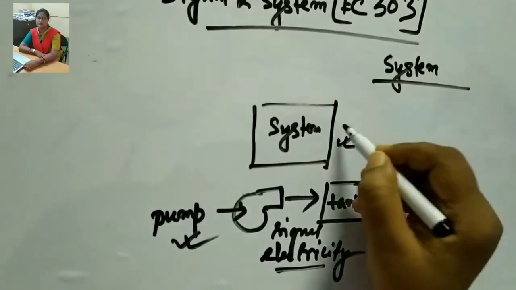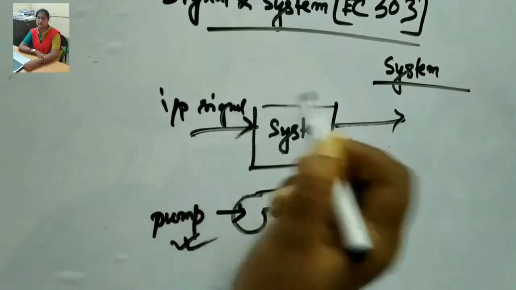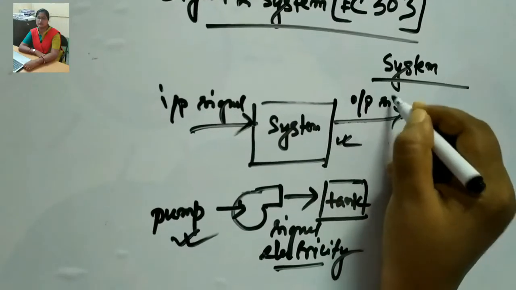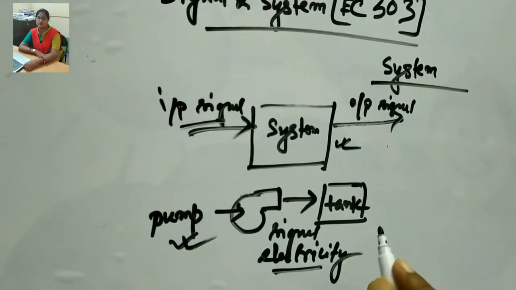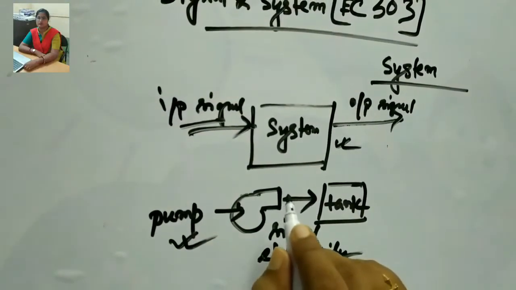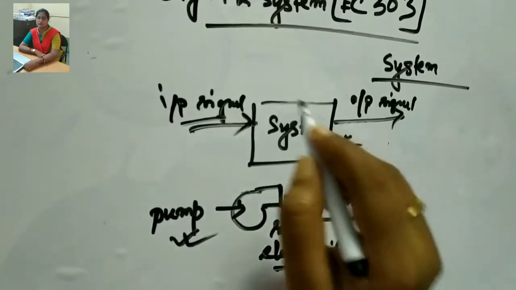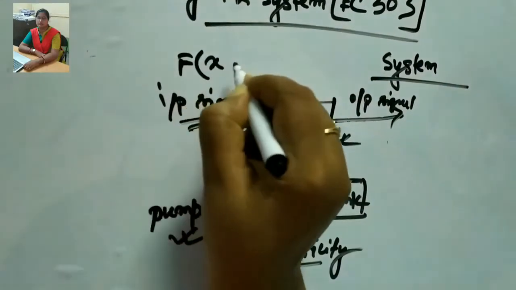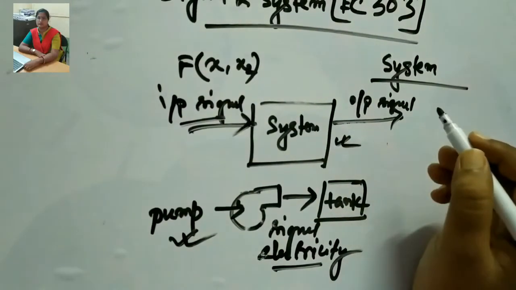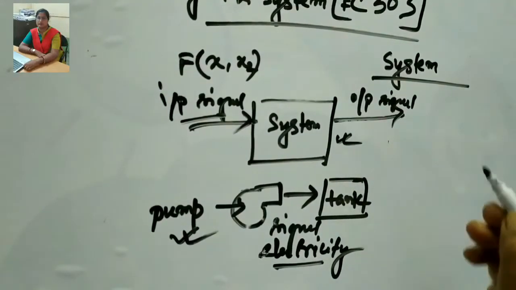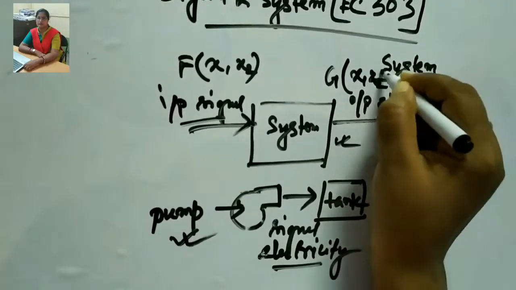So, every system must have an input signal and it produces an output signal which is more desirable than the input signal. The input and output signals are both dependent on the same independent variable. For example, if a system has an input signal f of x1, x2, then it produces an output signal which is also represented like this.